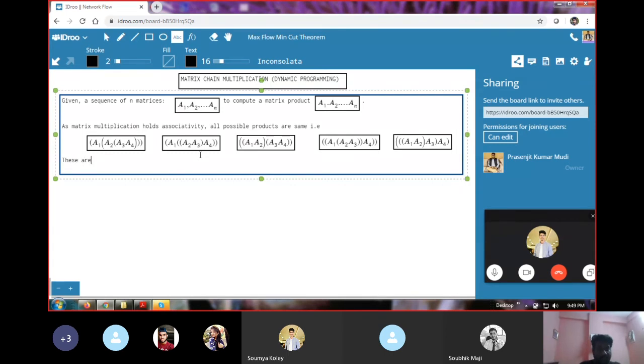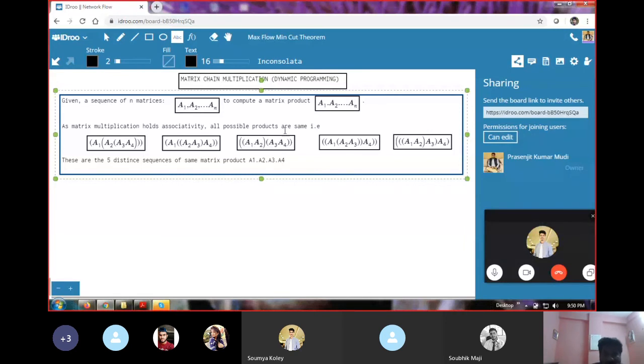So these are the 5 distinct sequences of the same matrix product A1 dot A2 dot A3 dot A4.